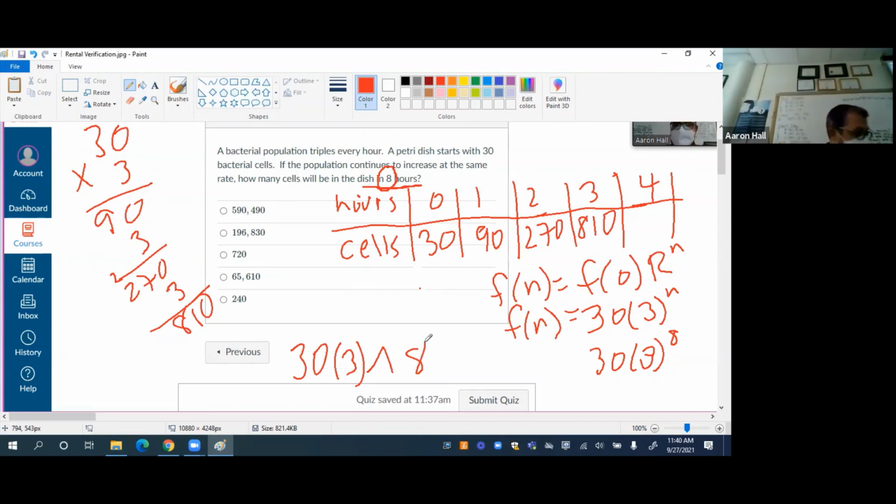We do have to get used to calculator skills. I'm getting 196,830, which is this one here. So that's our answer.